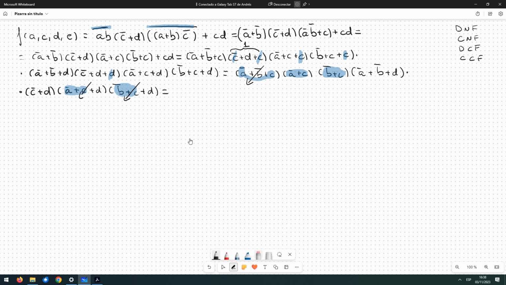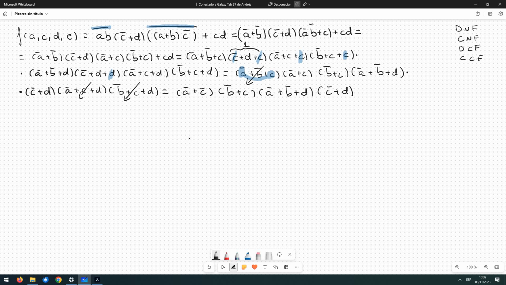So we are going to simplify the function. So we have A negated plus C, B negated plus C, A negated plus B negated plus D negated, and finally C negated plus D. I don't see how to minimize this expression more, since we cannot apply more axioms or theorems to make it smaller, we have just finished.